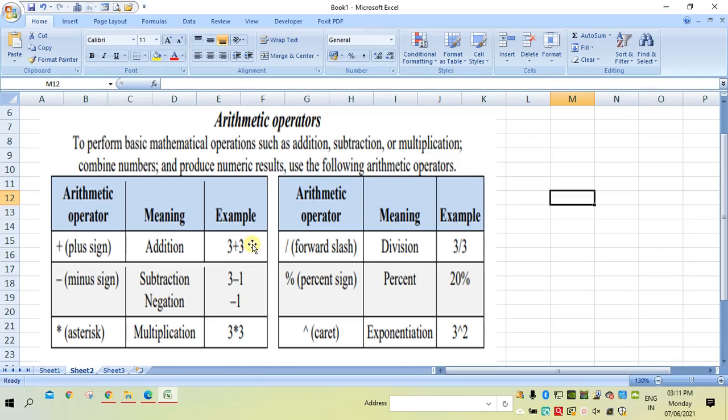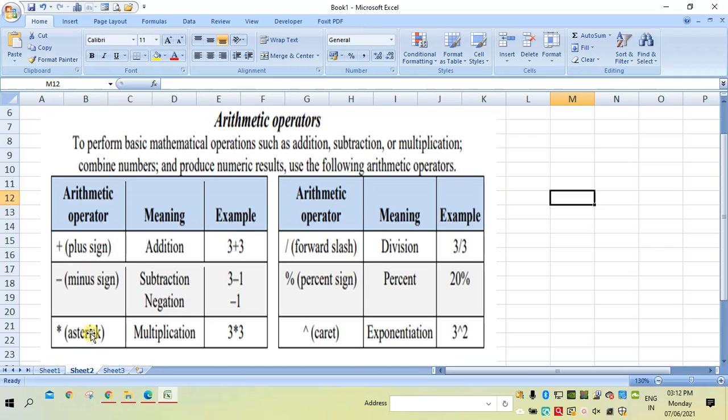The plus symbol is used to add the numbers in the cells. Similarly, the minus symbol is used to subtract numbers. Next is the star, or asterisk, used to multiply the numbers. For multiplication we use this symbol or operator.